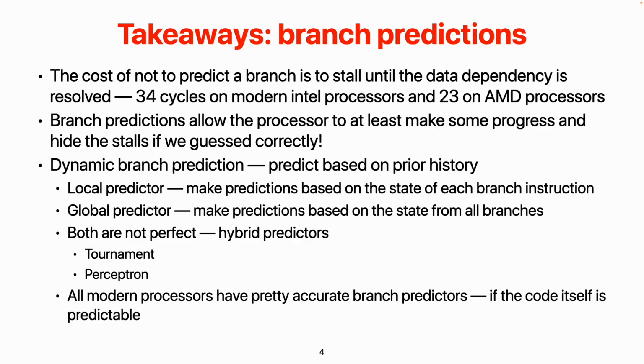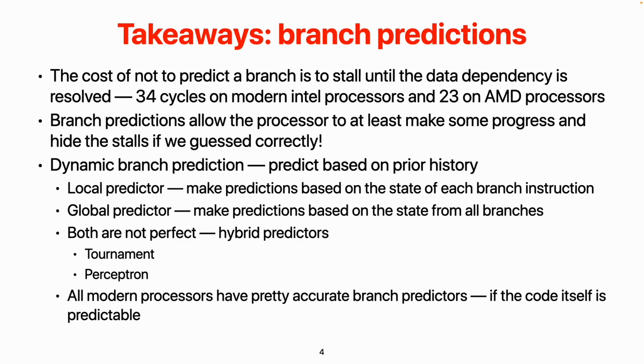The perceptron is more like a neural network-style predictor, in which we adjust the weights associated with each bit of the branch history. Based on those weights, it gives us a dot product result, and we use that result to see if we should predict taken or not taken.